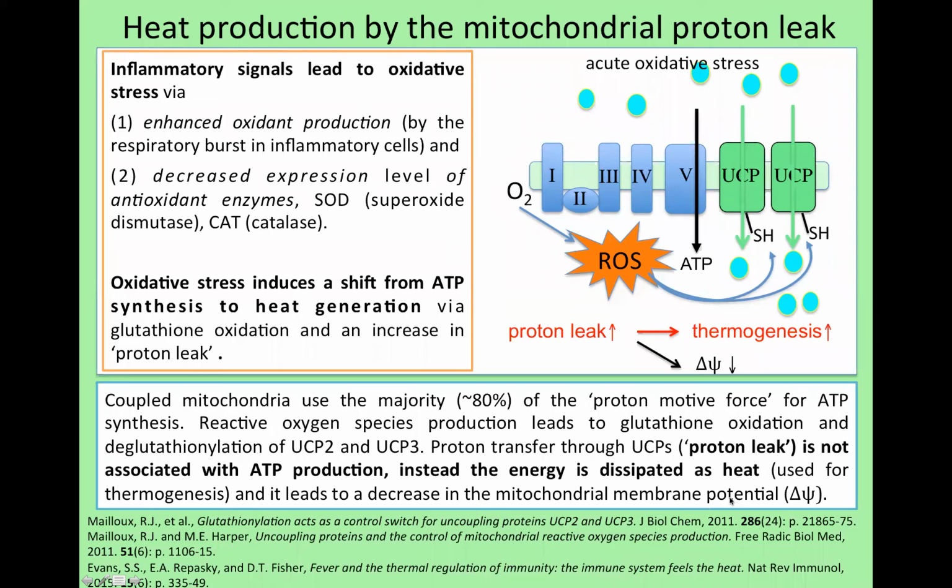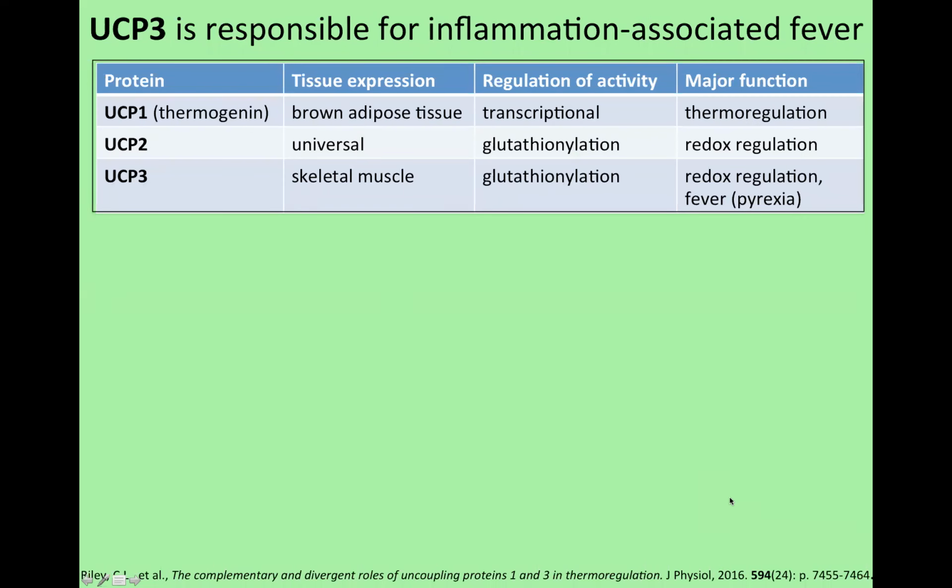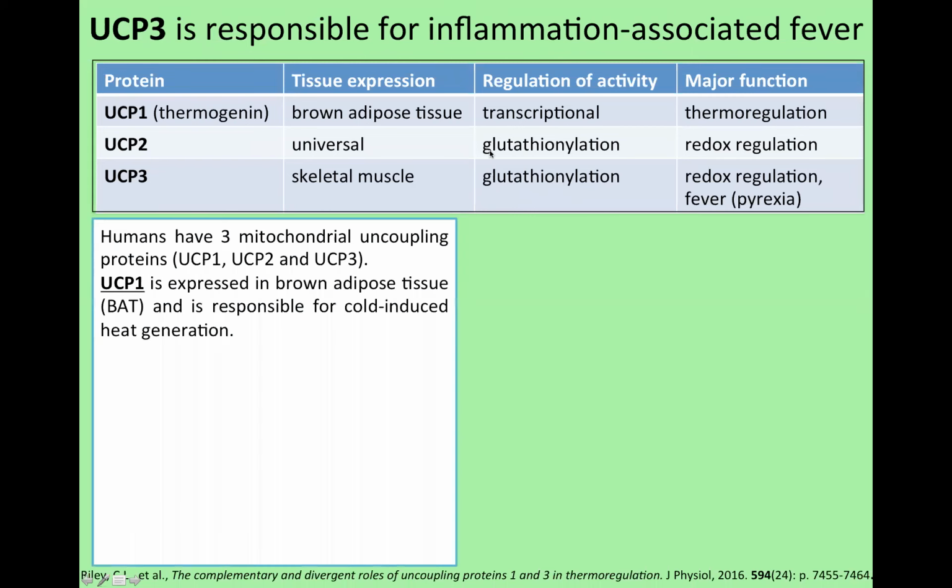So altogether, if someone has high fever, he will feel weak and tired. So UCP1 is the one which is responsible for the normal thermal regulation, for the normal heat production of our body. UCP2 is mostly involved in the redox regulation, and UCP3 in the skeletal muscle is responsible for the fever.